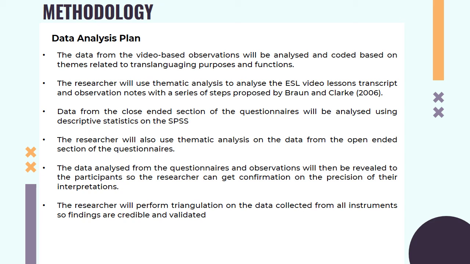The data analyzed from the questionnaires and observations will then be revealed to the participants so the researcher can get confirmation on the precision of their interpretations. The researcher will perform triangulation on the data collected from all instruments so findings are credible and validated.